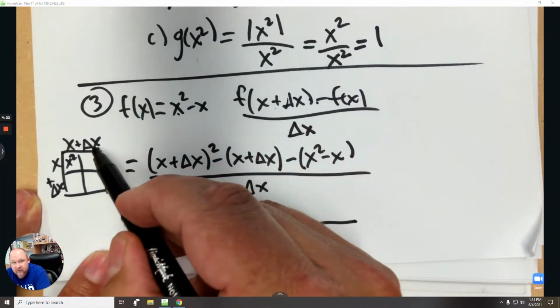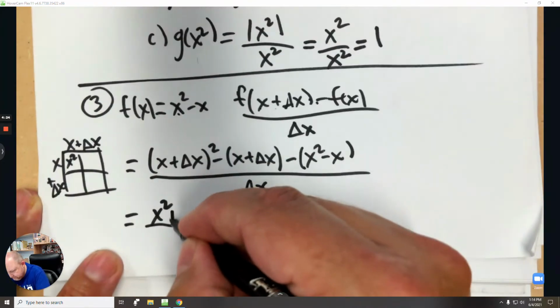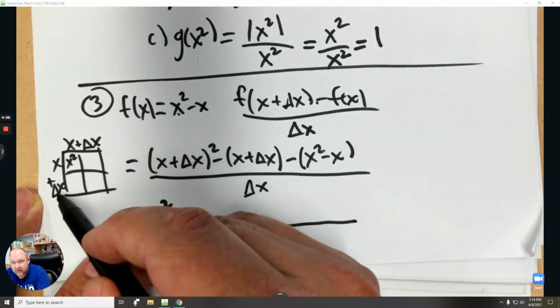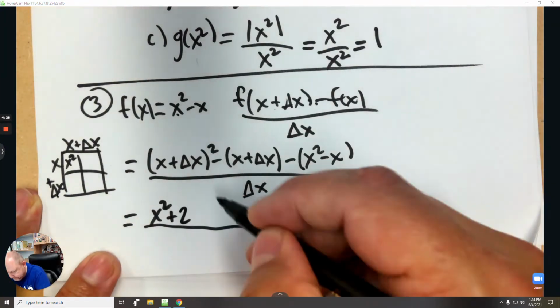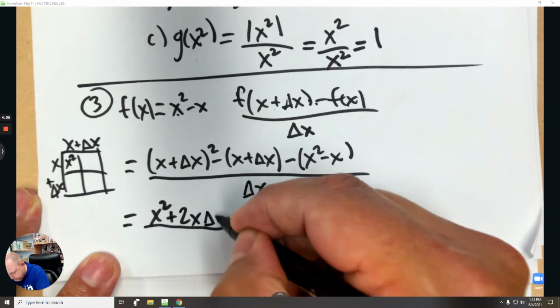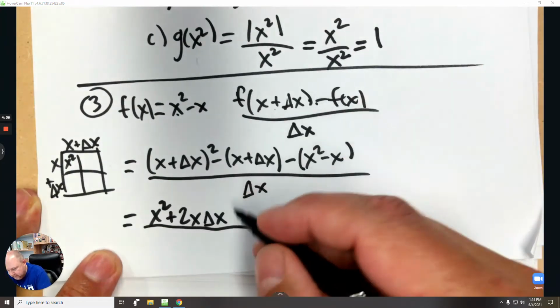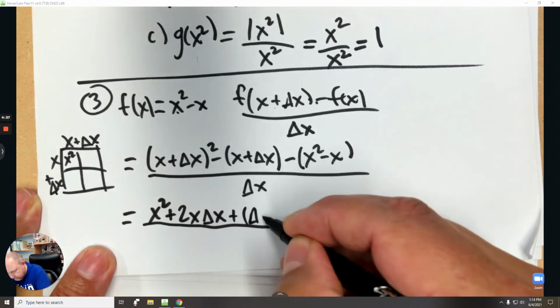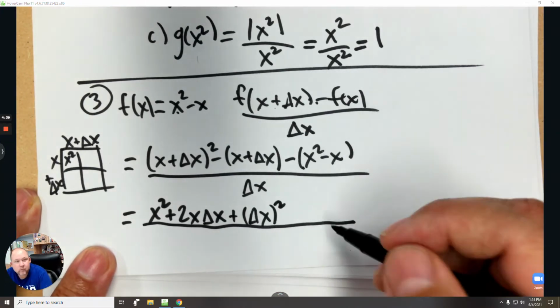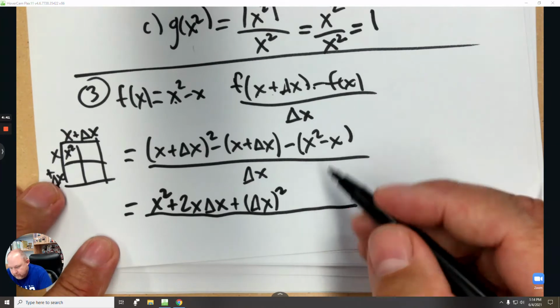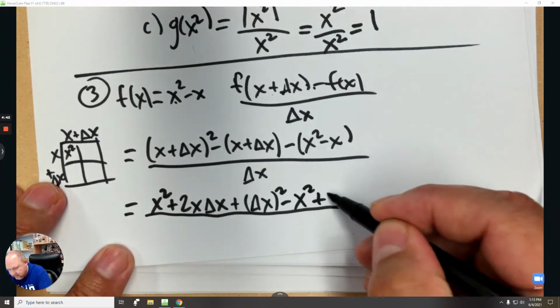This is the change in x times x. And this is the change in x times x. So you have 2 of them. And then this is the change in x squared. I'm going to distribute that subtract sign.